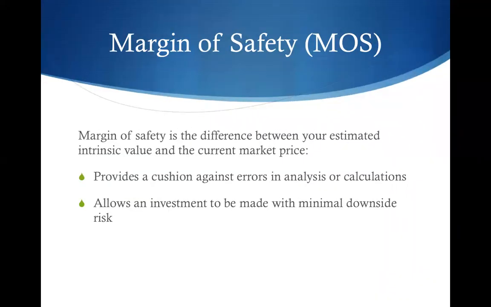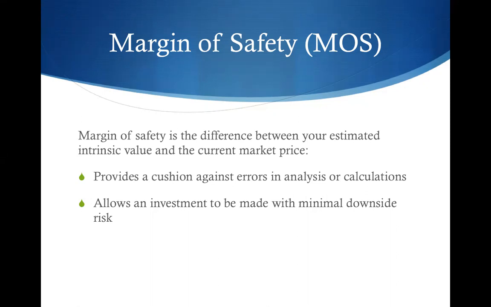Now, once you get all of that done, you want to check out the margin of safety, referred to as MOS. Margin of safety is the difference between your estimated intrinsic value and the current market price.